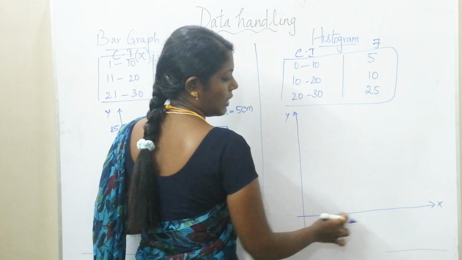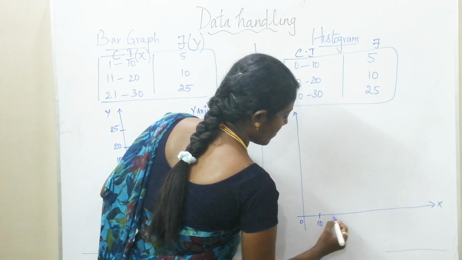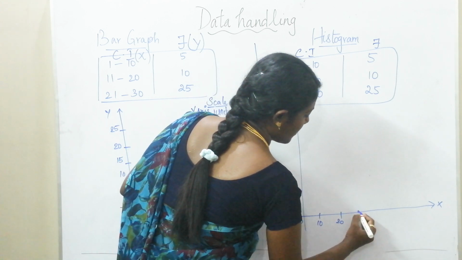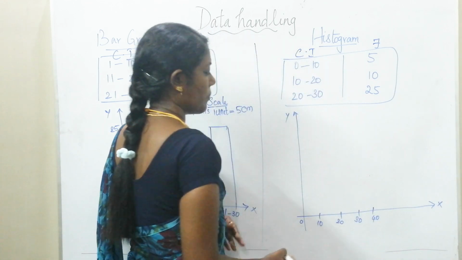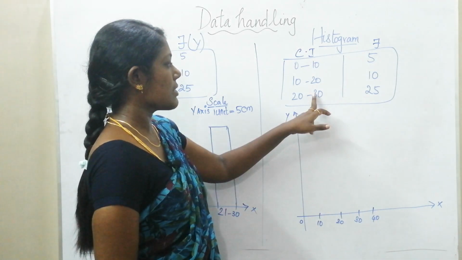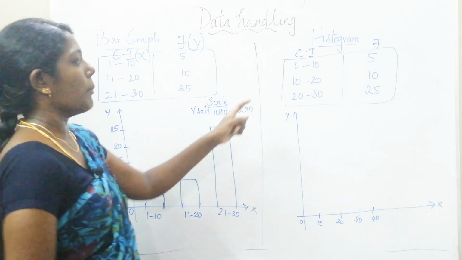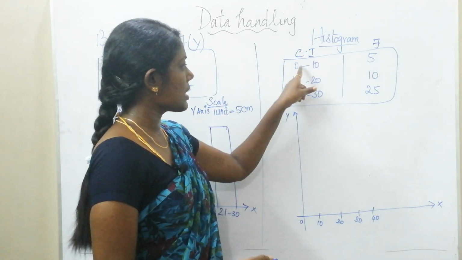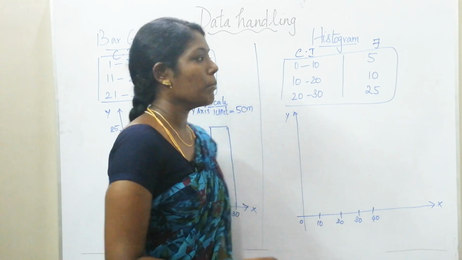This is 0, this is 10, 20, 30, 40 and so on. Now my x-axis is given with the class interval. See here, the interval was given at a particular distance, but here I am only writing the numbers, 0, 10, 20, 30. Each line will have a number.